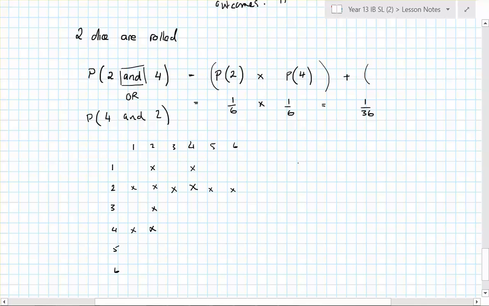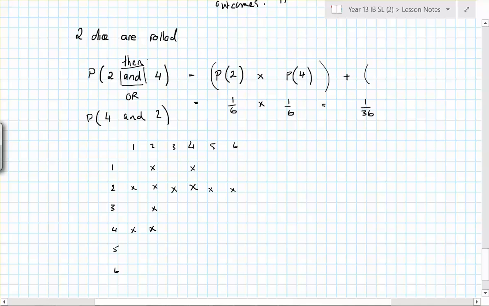So that word "or", like the word union, brings lots of options together rather than limits them. The word I was thinking of that limits it further is, what if I said a 2 then a 4?